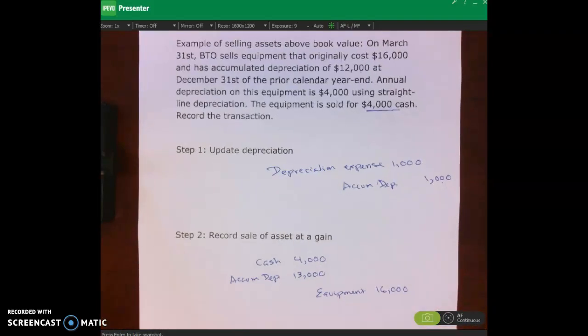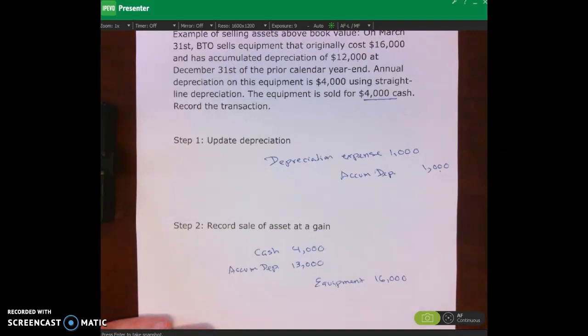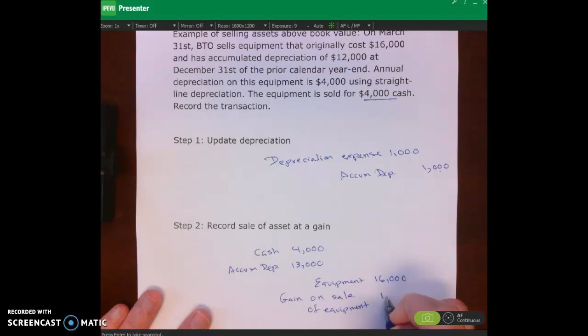Now my debits don't equal my credits, right? So I'm missing a credit. And what am I missing? I'm missing gain. I'm missing my gain on sale of equipment. Okay? And this is an additional form of revenue, and it's equal to $1,000.